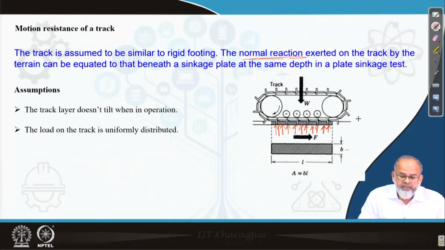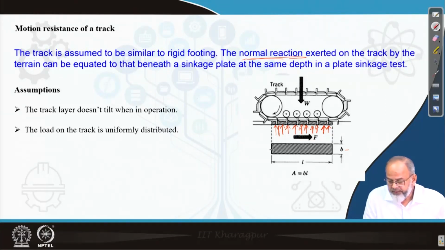So the assumptions are the track layer doesn't tilt when in operation. That is number one assumption. And the load on the track is uniformly distributed. If it is not uniformly distributed, then the reaction which you are getting at the soil track interaction surface may not be uniform. So that's why we say load on the track is uniformly distributed and the track layer doesn't tilt during operation.